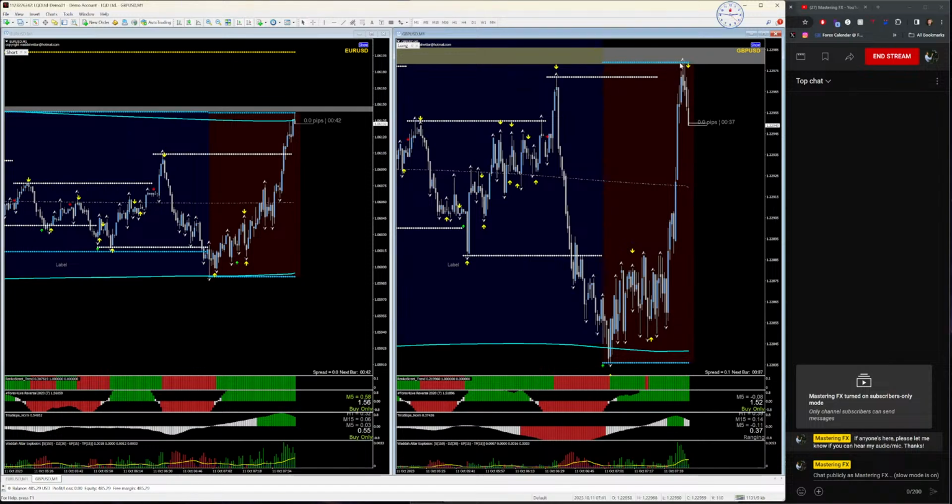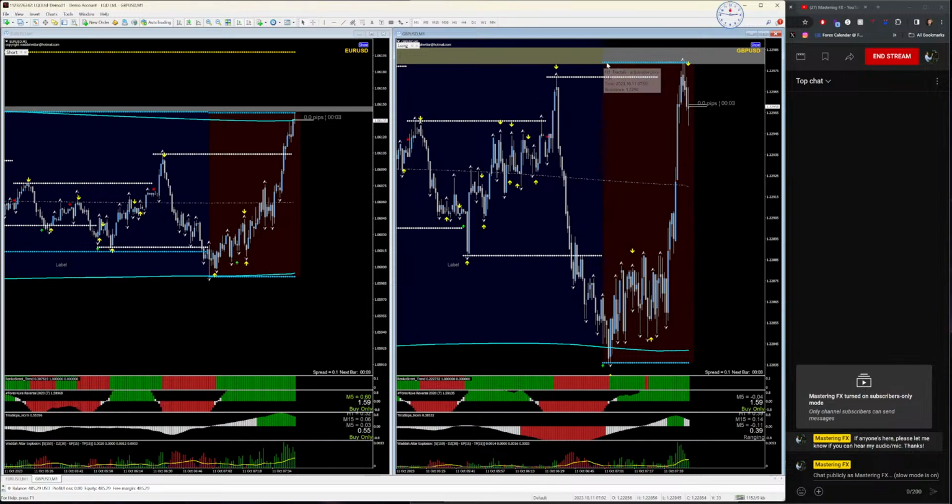Look at this tap, right? Always on the pip. Here, not quite. Did not tap in yet. This would have been a nice trade.